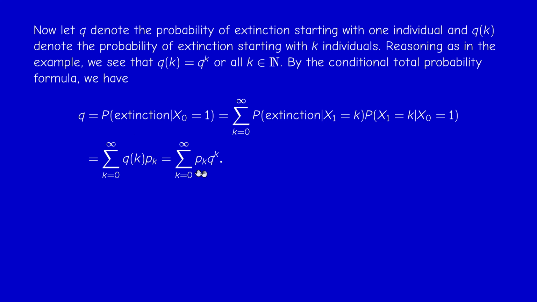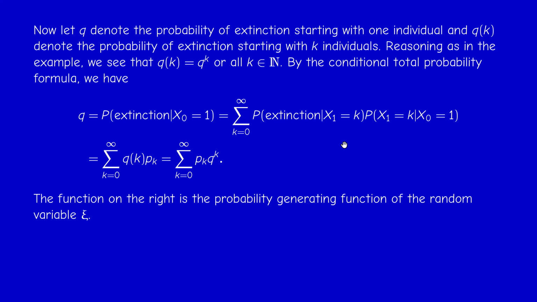So Q satisfies an equation. If I call this phi of Q, my unknown probability satisfies the equation Q equal phi of Q. And if you studied probability generating functions, you recognize that this is the probability generating function of the random variable xi, that I will define in a moment.